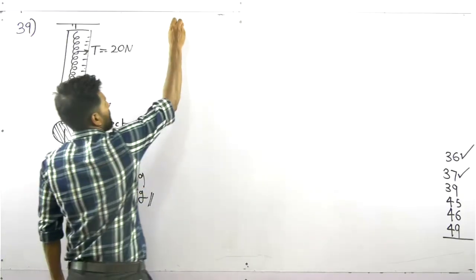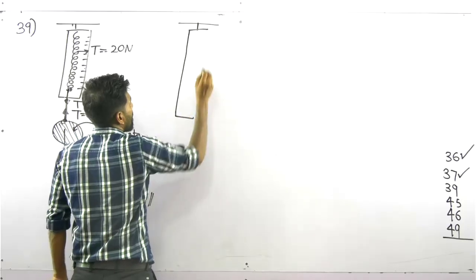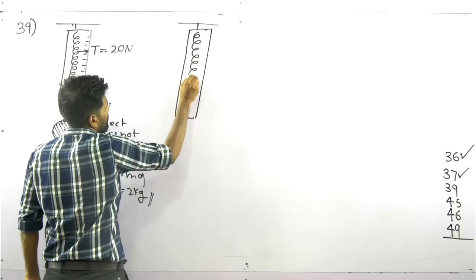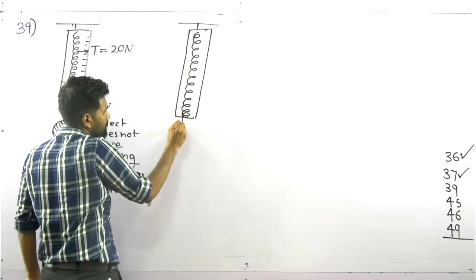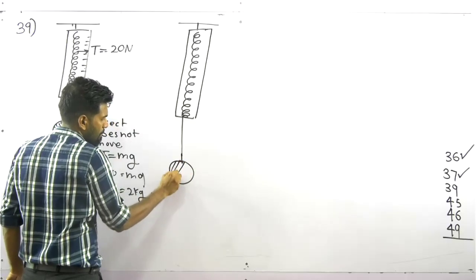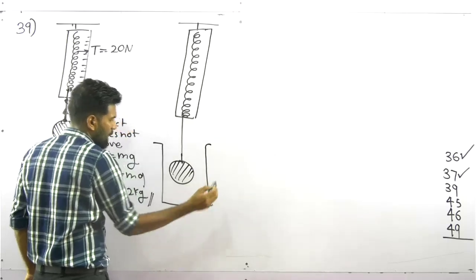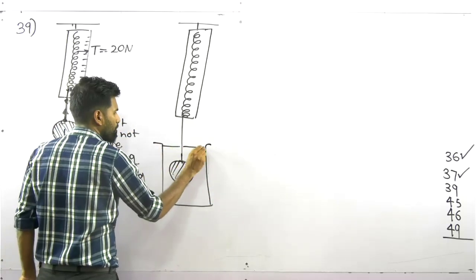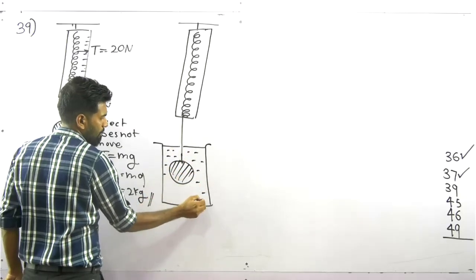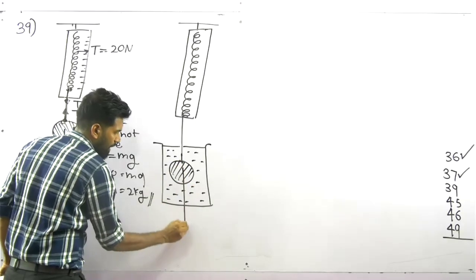Now what happens? Now the same spring balance is present, but the object is fully inside the liquid. The spring is present, that rod-type string is present, but the object is immersed inside the liquid.